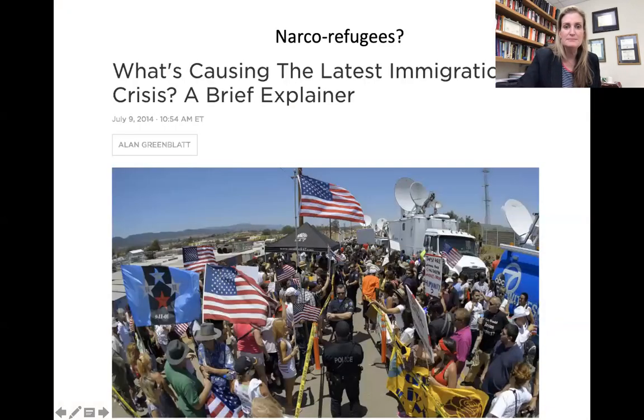And folks, here's this idea of a narco refugee, okay? I don't think anybody has published on this, but I would argue and intend to argue, and if you're interested in working on this with me, please let me know, to make the case legally in terms of refugee law to demonstrate that drug trafficking organizations are a key driver of forced migration outside of Central America today.